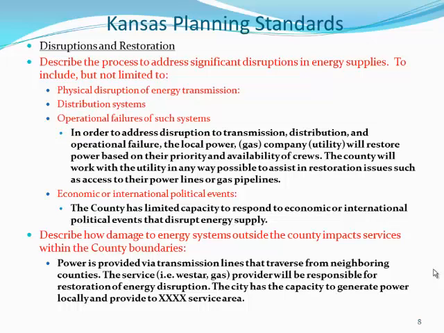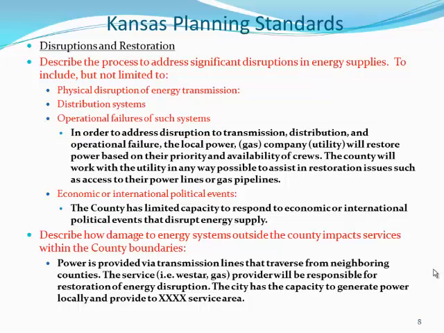Some of the things that people have said is, in order to address a disruption to a transmission, distribution, or operational failure, the local utility, be that gas or electric, will restore that power based on their priority and availability of crews. A lot of these organizations, such as power and gas, are private, and so your local jurisdiction, your county, is going to have a hard time regulating or telling them what they need to restore first.